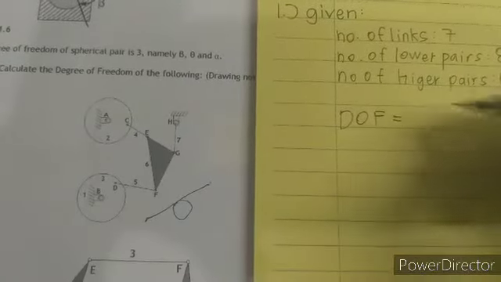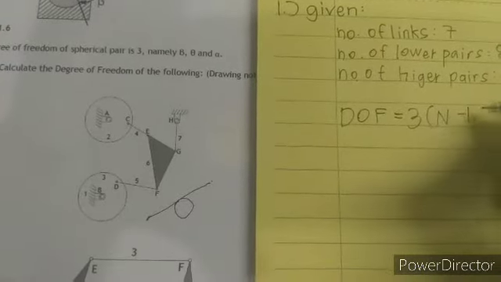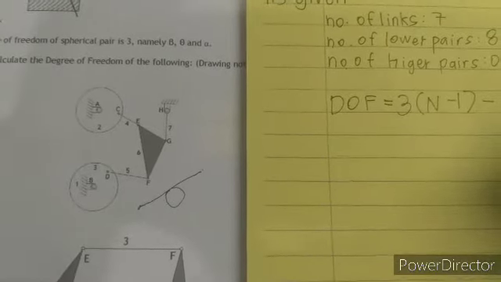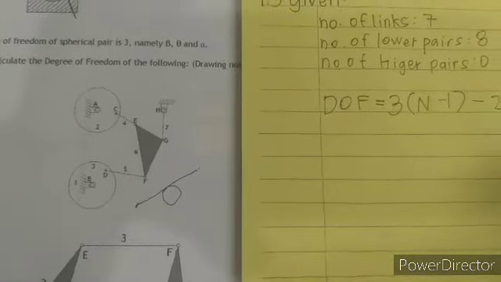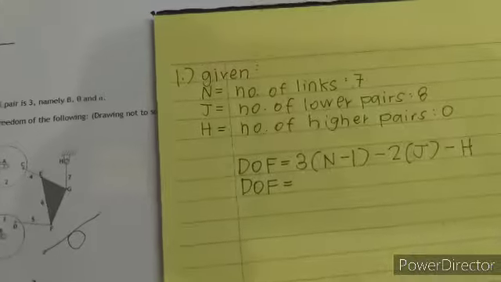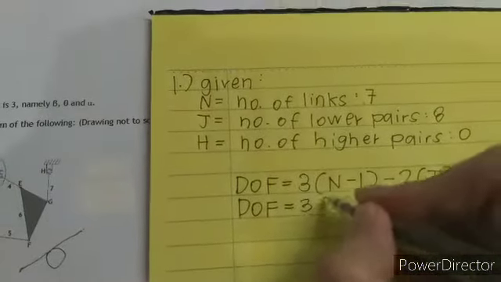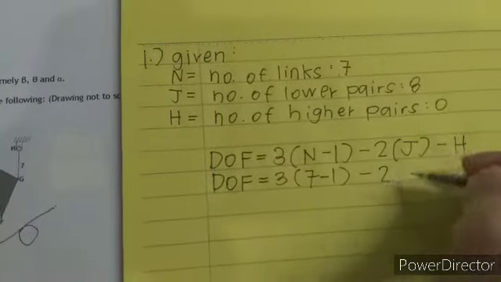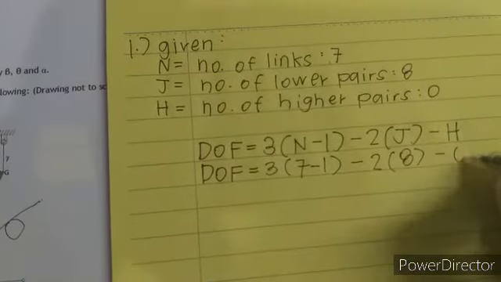So the degree of freedom would be equal to 3 times the number of links minus 1, minus 2 multiplied by the number of lower pairs represented by J, minus the number of higher pairs represented by H. Now plugging in our previous values into Grubler's equation, we have 3 times (7 minus 1) minus 2 multiplied by 8 minus 0.